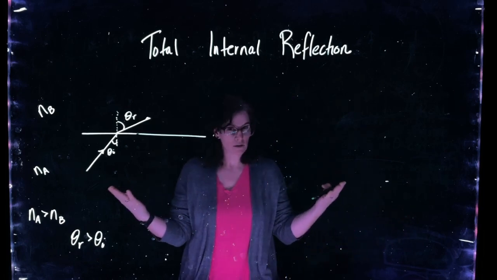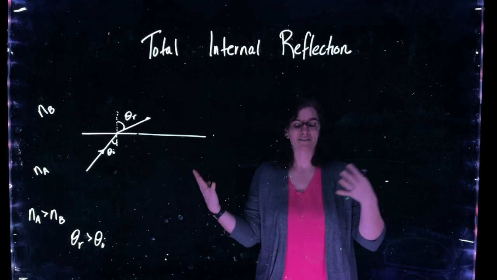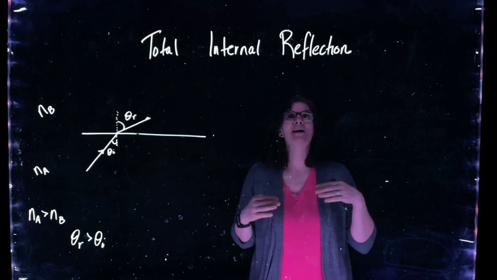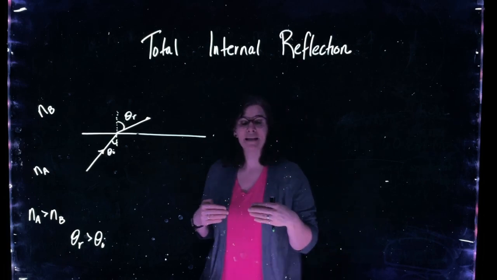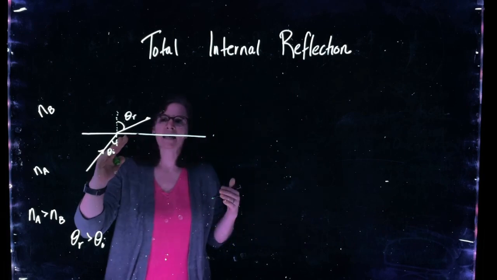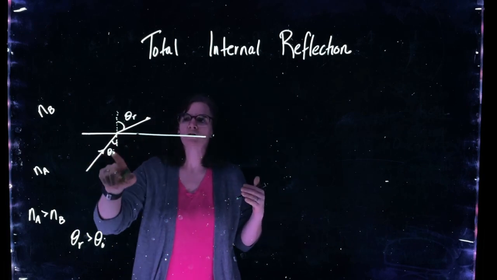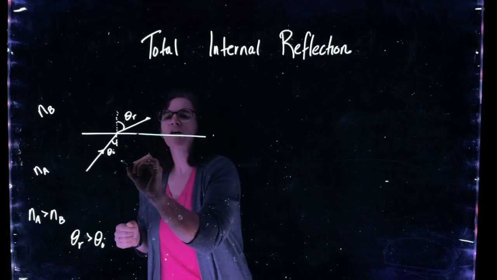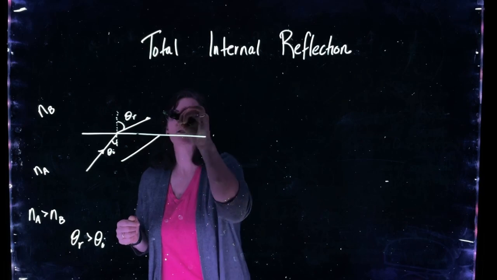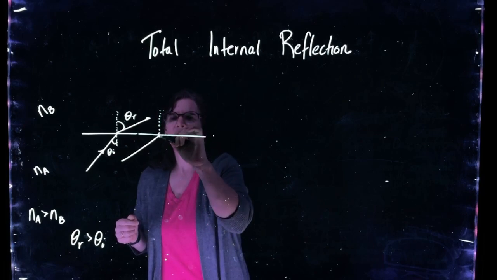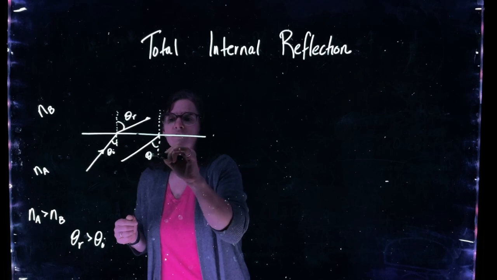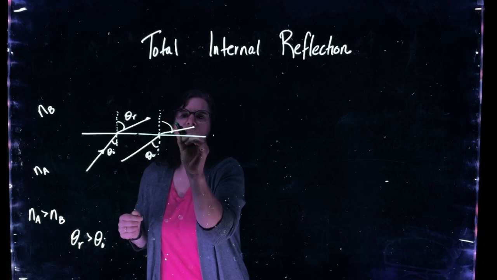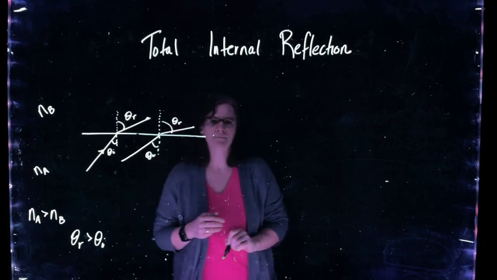Based on Snell's law, the ratio of the sine of those angles relative to the ratio of the indices themselves, we know that as I continue to increase my angle of incidence, my angle of refraction is going to continue to increase. So if I make my angle of incidence larger, then I get an angle of refraction that is larger.